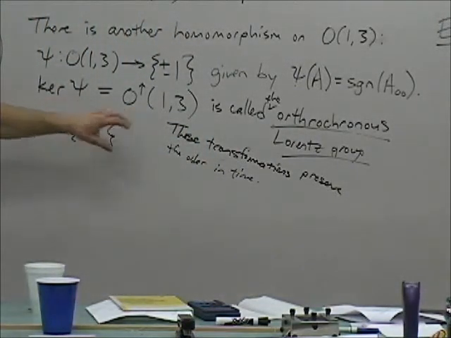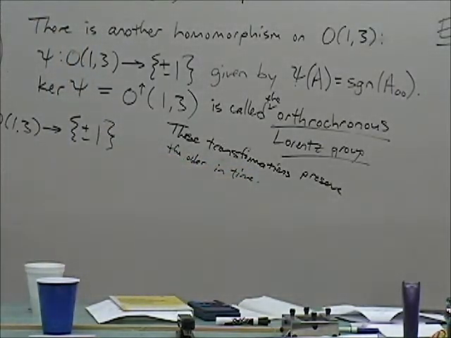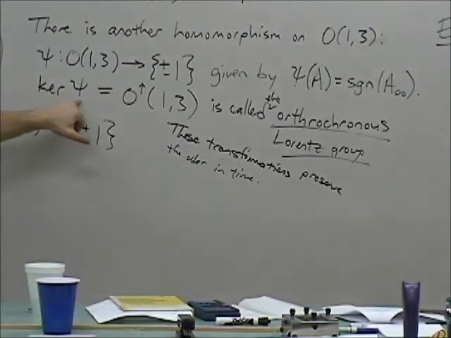So what this means is if I've got 2 points and they're related by some geodesic, then if that geodesic is time-like, I take this Lorentz group element and apply it to that. And if you're in the kernel of this map psi, then that geodesic is still time-like. So that's nice, physically. It's got a lot going on.